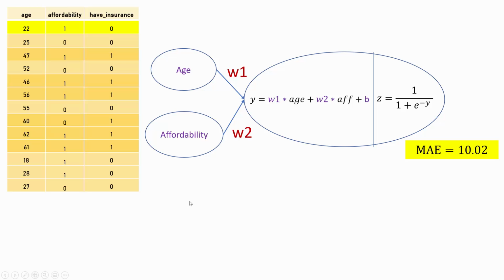Here my mean absolute error is 10.02, and once I go through all the training samples, once I finish a single round of forward passing all the training samples, it is called one epoch. So one epoch is going through all the training samples once.